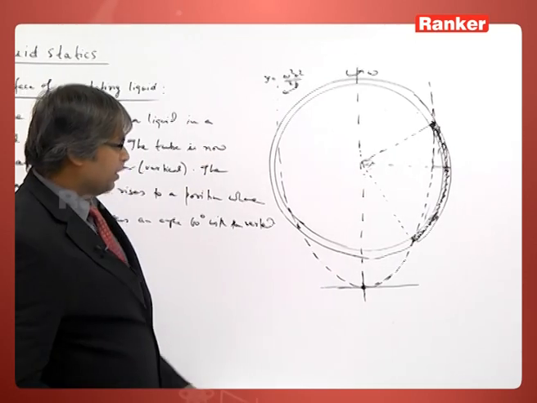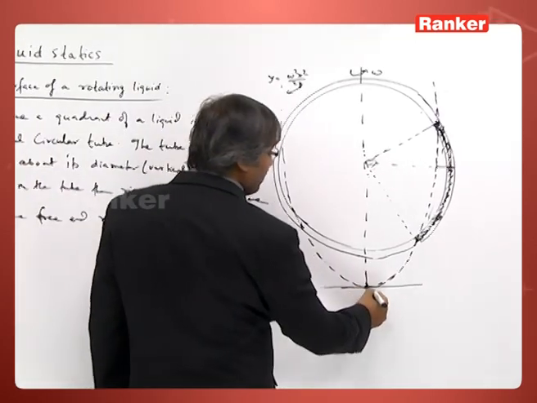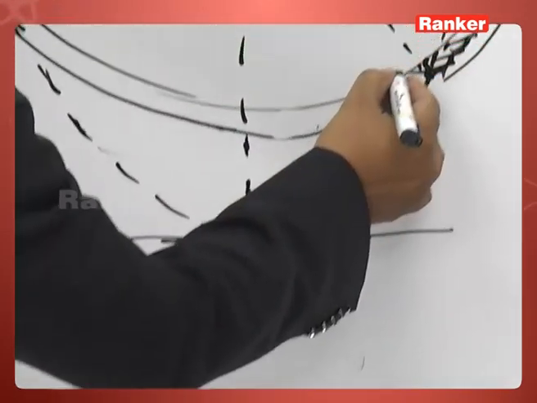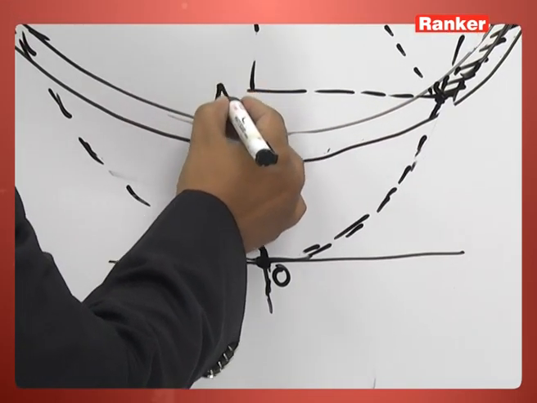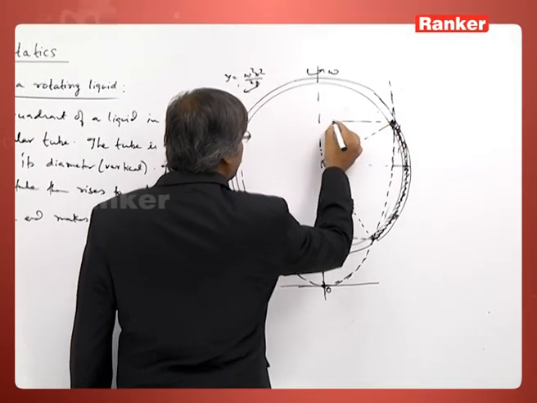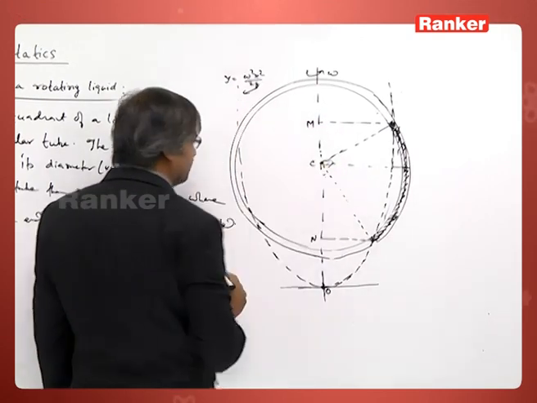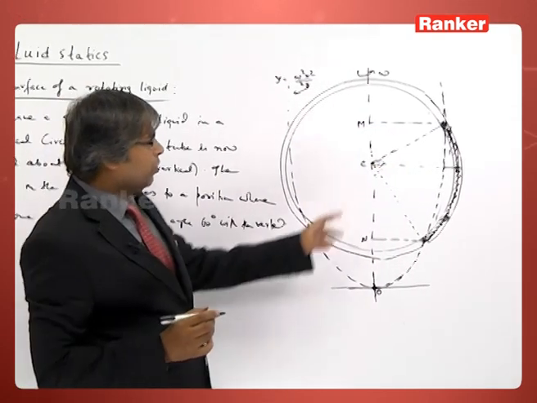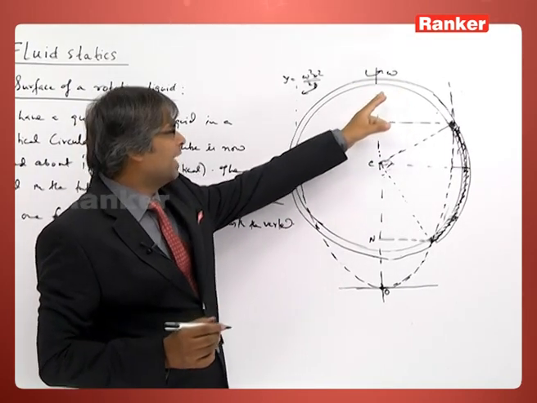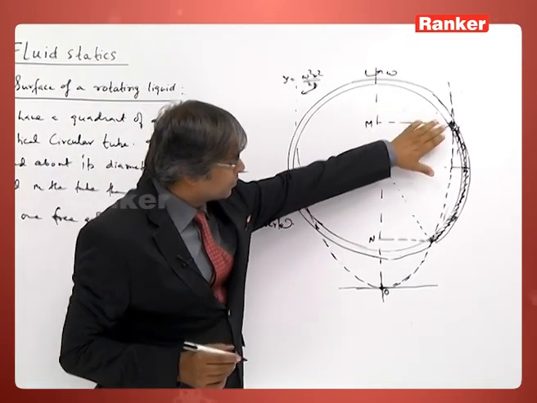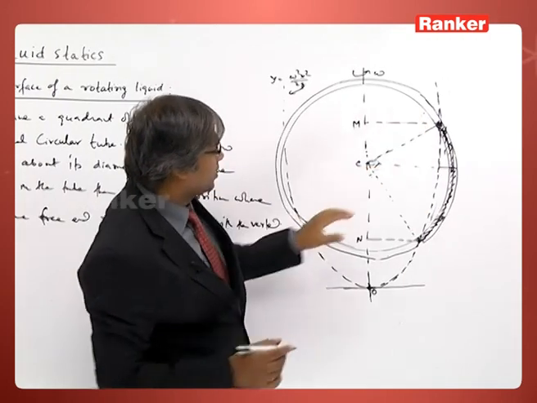Now, let this point be represented by O. If I drop a perpendicular, this is N, and if I drop a perpendicular here, M, and this is the center C.